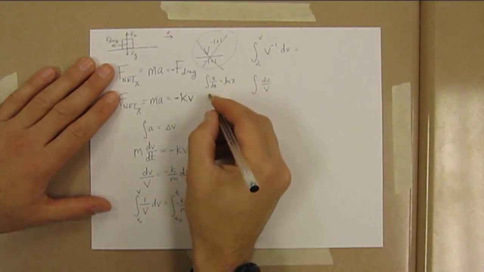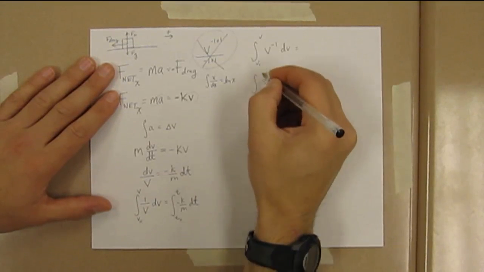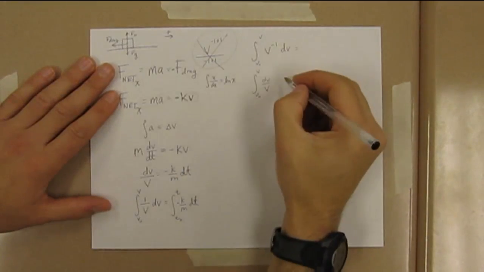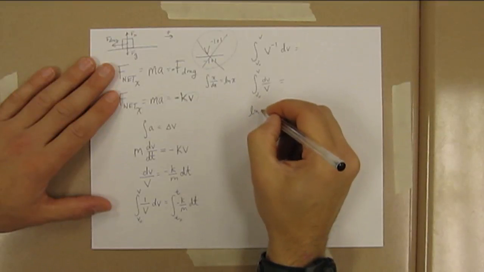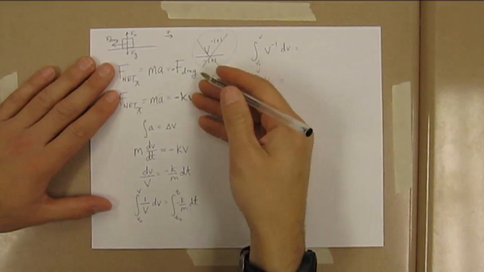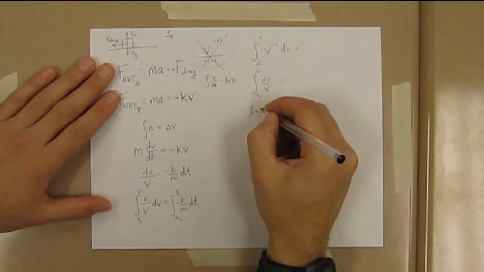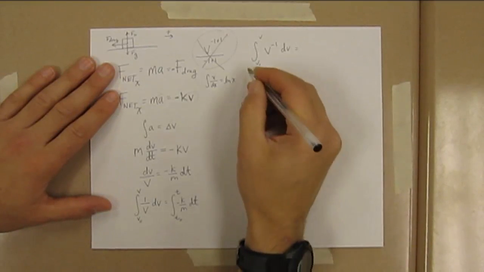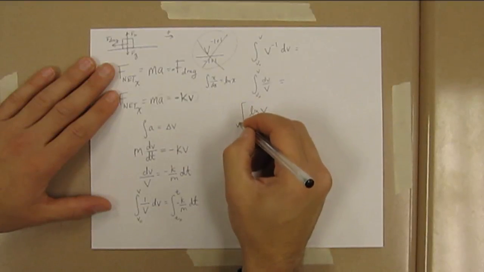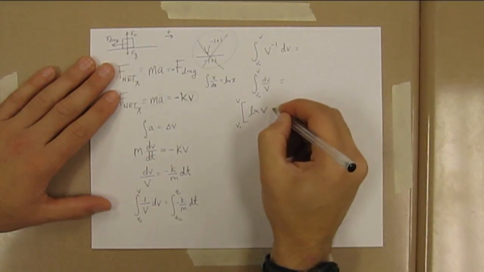And that's in the form of this. So what's the integral of this? It's the ln of x. So this becomes ln, the natural log of, well, it's not x, it's v, natural log of v. And we're evaluating that still, we haven't done this, over this interval.